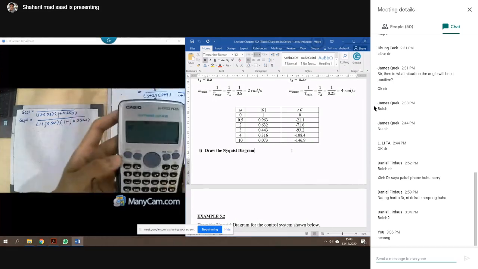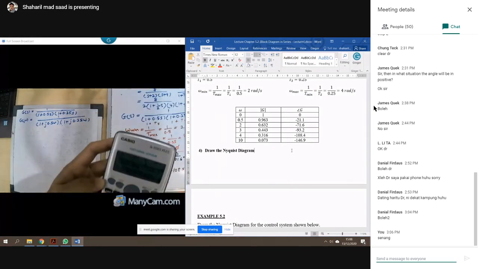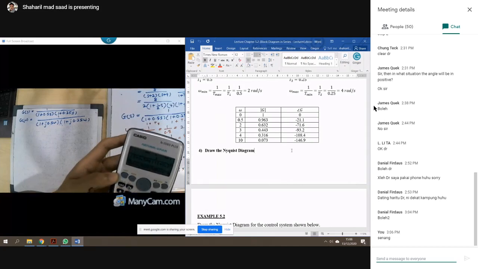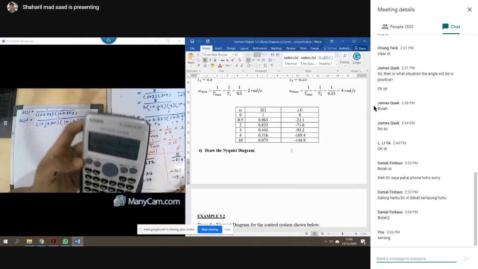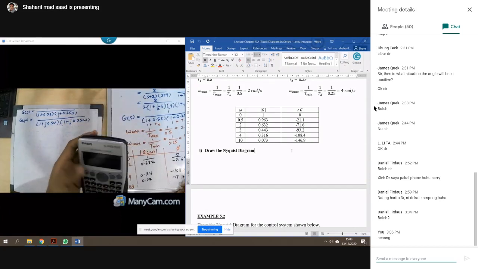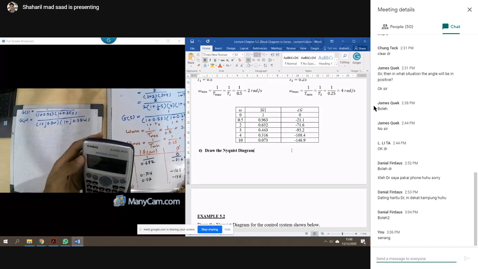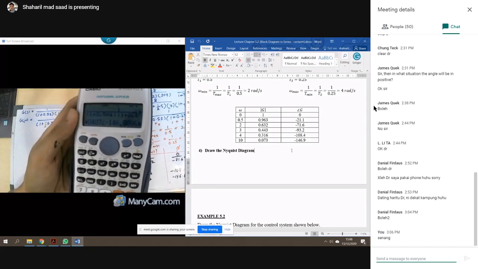Equal. Then I got 0.07, and then the phase angle is 146.8 degrees. Okay, done.